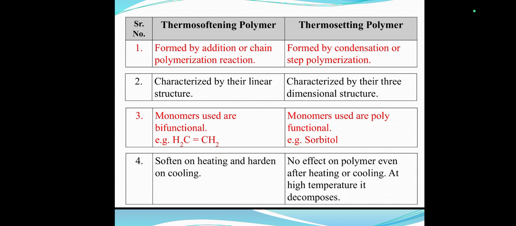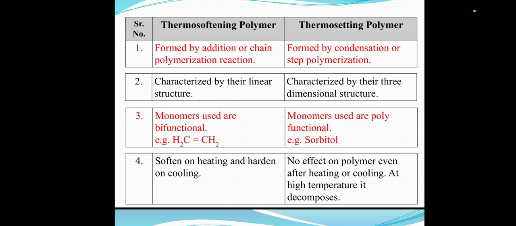Now thermosoftening is characterized by a linear structure. Addition reaction produces a linear structure and condensation reaction produces a 3D structure. So setting is 3D and softening is linear. Thermosoftening polymer requires only bifunctional monomers, and that bifunctionality is a multiple bond.